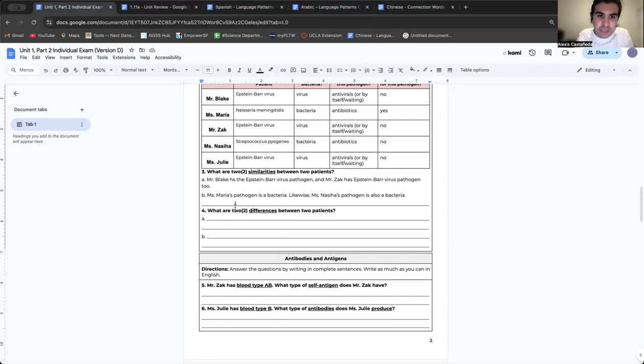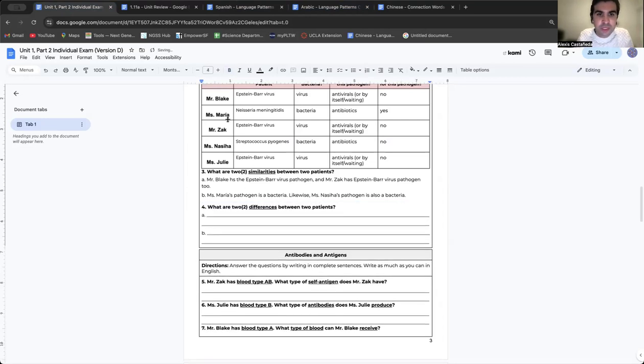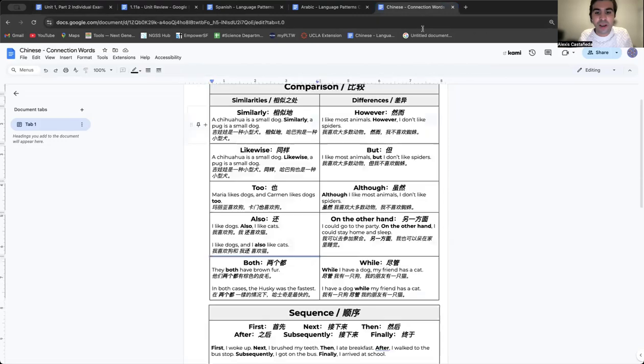Let's look at differences. So I already gave you one of the differences. We can just use that one. So Miss Maria has Neisseria meningitidis. Miss Nasiha has Streptococcus pyogenes. So this time I'll actually use the word while.